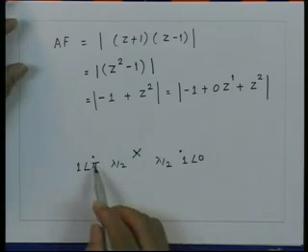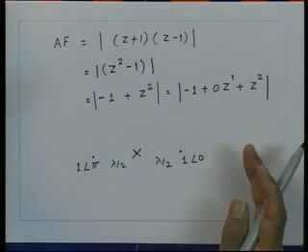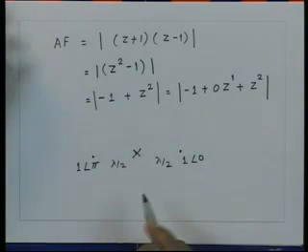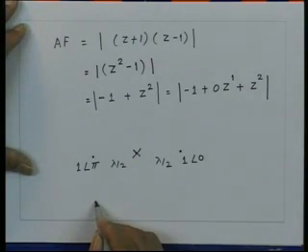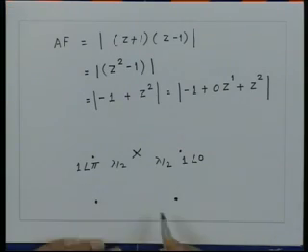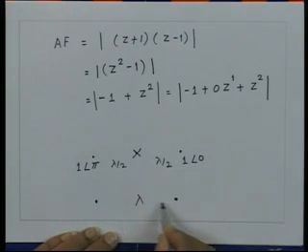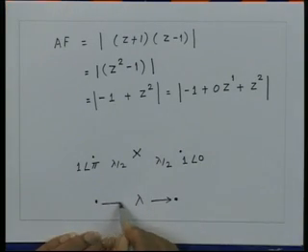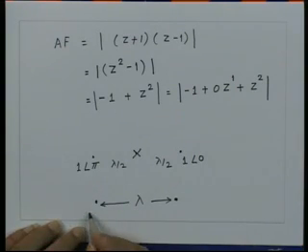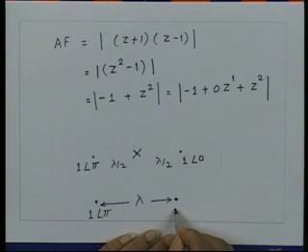So, essentially now we have an array. Since this current is not excited, this element is not existent. So, essentially we have an array which is having a spacing of lambda, and they are excited out of phase. So, this excitation is 1 angle pi and this excitation is 1 angle 0.